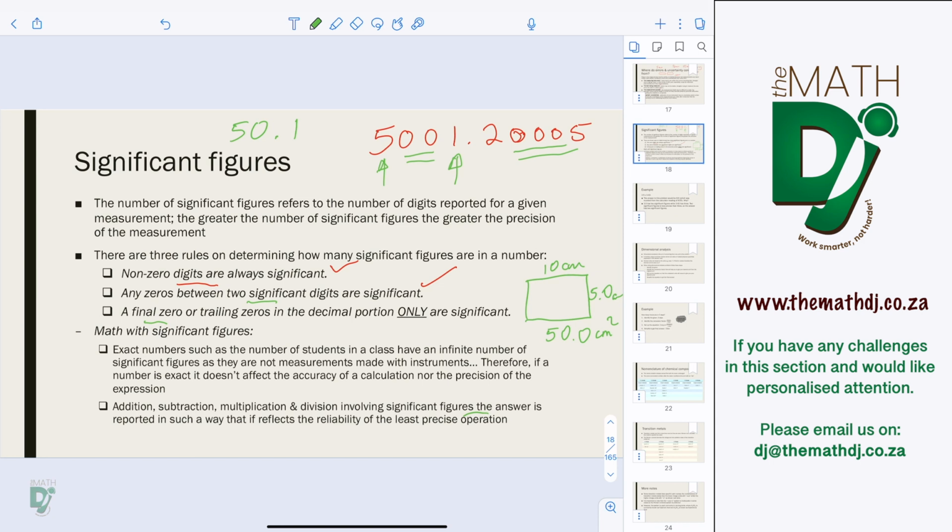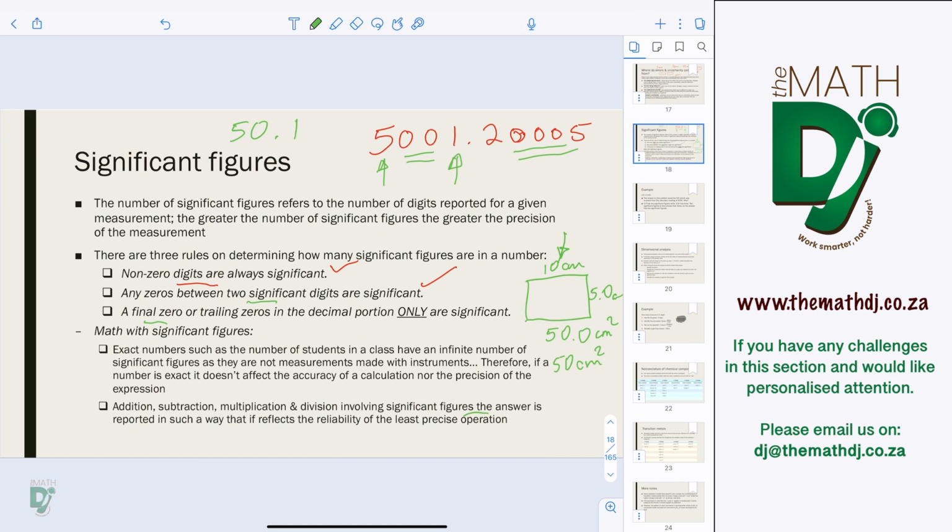But for the 10 centimeters, you used a less precise one because it cannot go to a decimal place. So when you're giving your final answer, you should be using the least precise, the one which is less accurate. So the correct answer will be 50 square centimeters without the decimal place. So that's what we mean here.